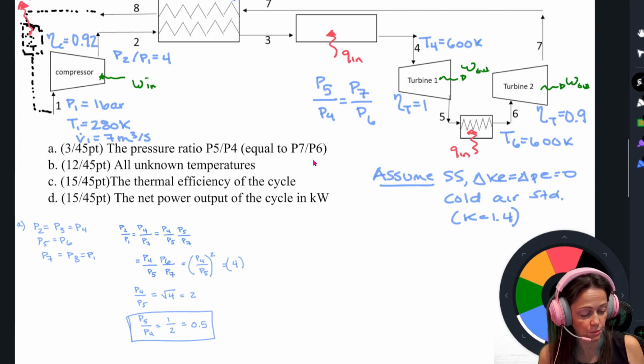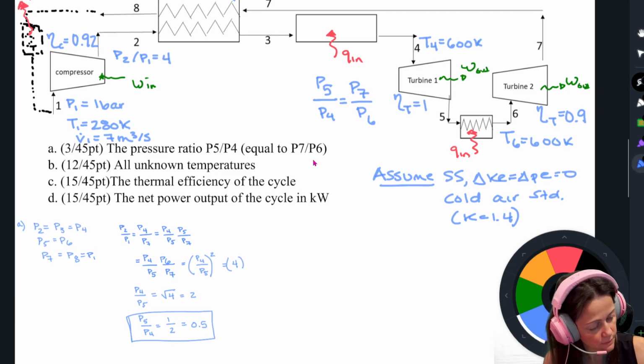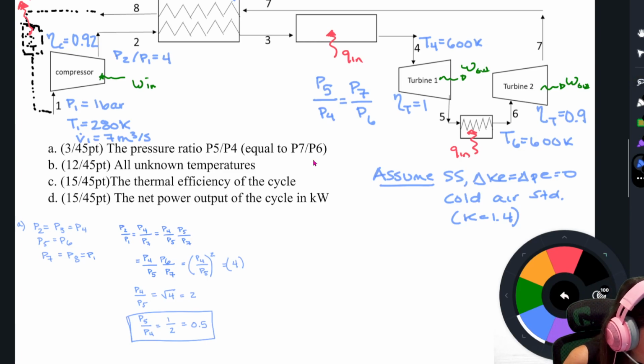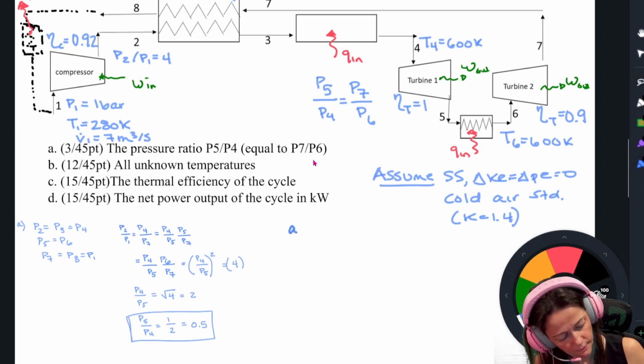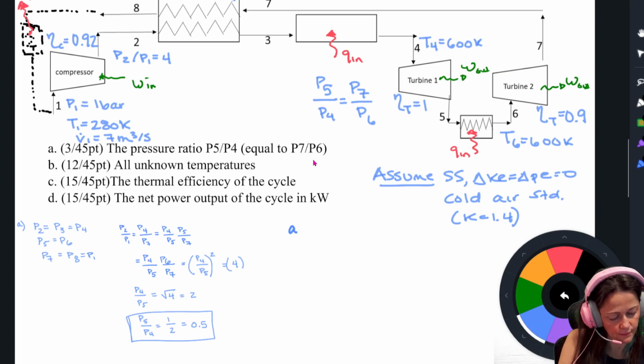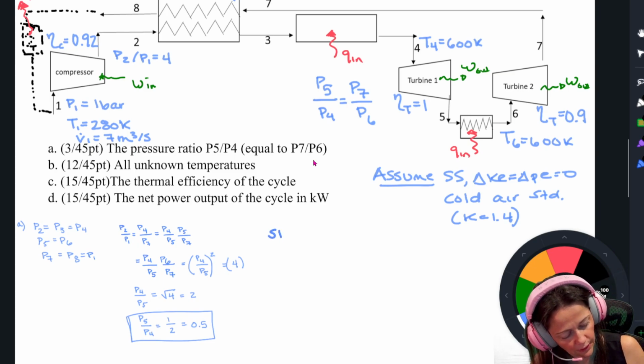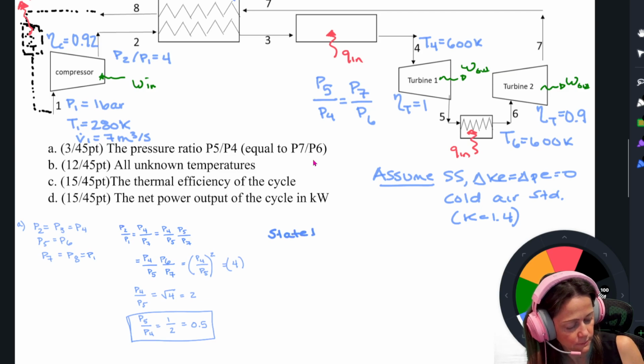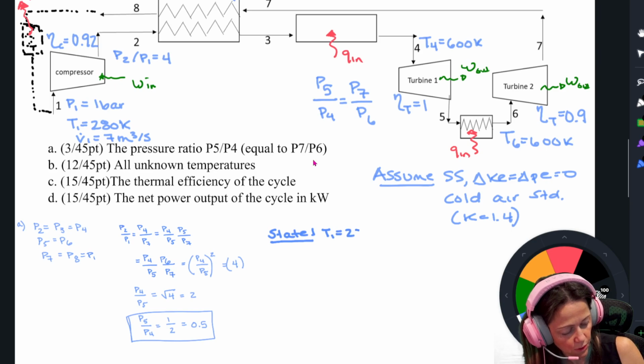So I'm going to walk through my cycle. So I've got state 1. Don't need that. That's given to us. 280 Kelvin.